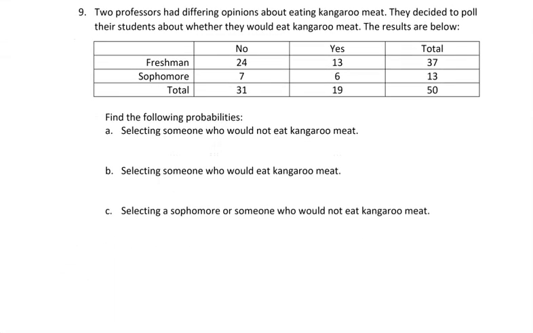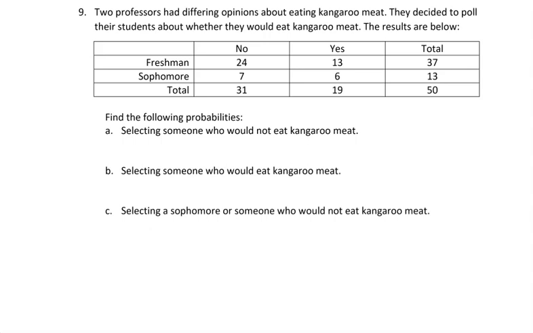All right, last example. 2 professors had differing opinions about eating kangaroo meat. They decided to poll their students about whether they would eat kangaroo meat. The results are below. So for parts A, B, and C, go ahead and try the same thing that we have been.